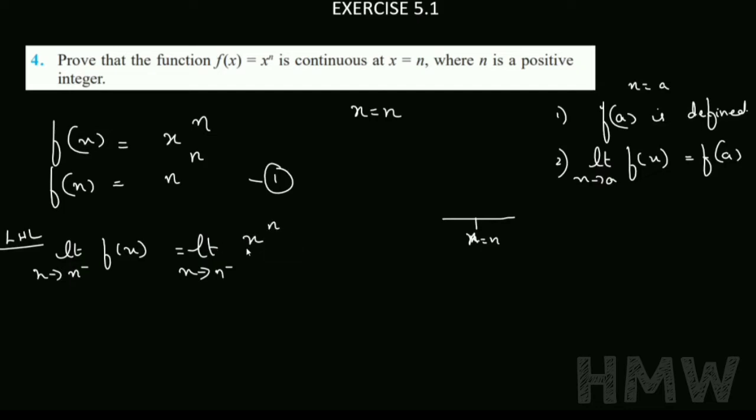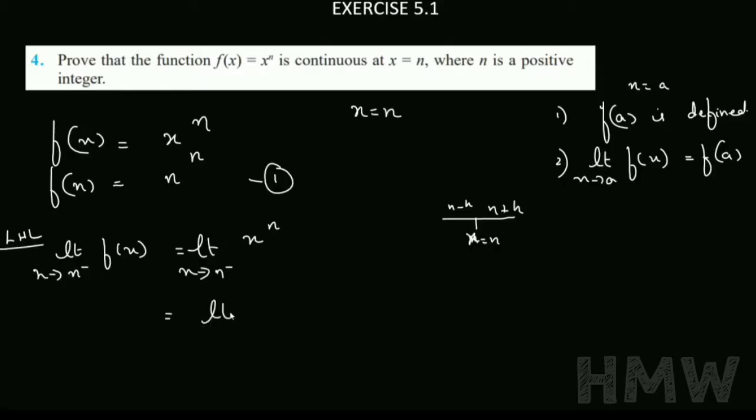So you have to put x as n minus h. Left means n minus h, and right you take it as n plus h. We are taking the left hand limit and the right hand limit, or you can do it straight away: if you are asked to find the limit, you can just substitute x is equal to n.